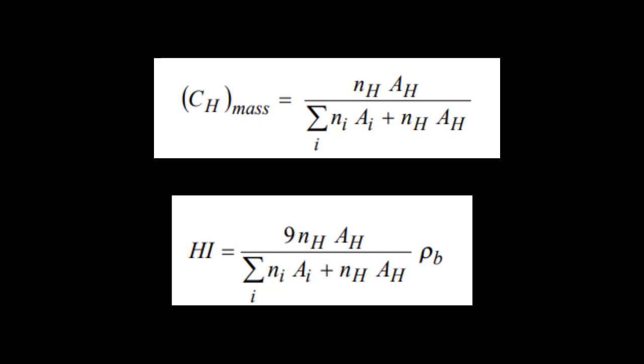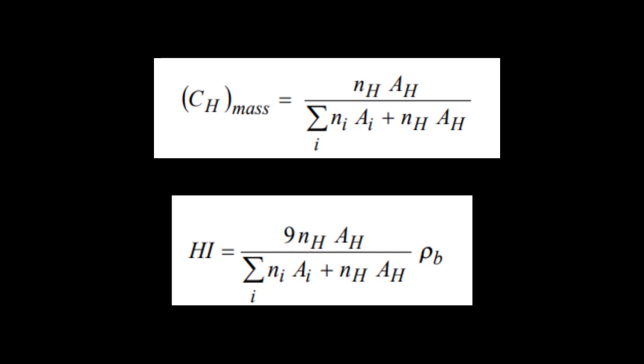But the neutron tool investigates a volume of formation, not a unit mass of formation. As it is emitting neutrons into the rock, the response depends on how many hydrogen atoms are present in the tool's investigation volume. So we need to convert from hydrogen per unit mass into hydrogen per unit volume. In order to do that, we have to multiply by the bulk density.